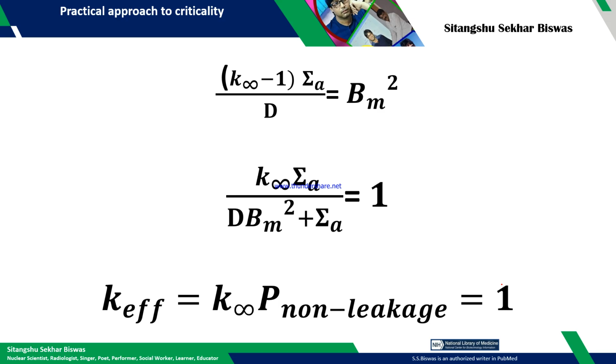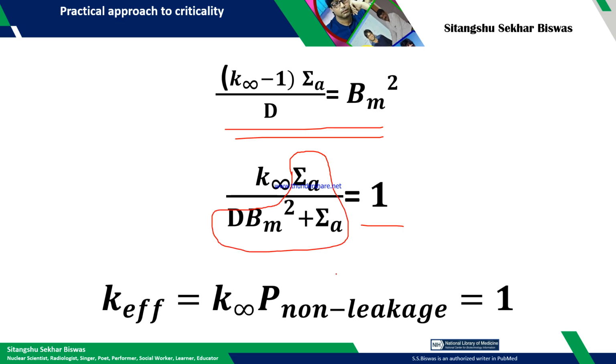Now if I rewrite that again, by rearranging with cross multiplication and taking things here, it comes like this. This part, if I define that term, is the probability of non-leakage for the neutron.